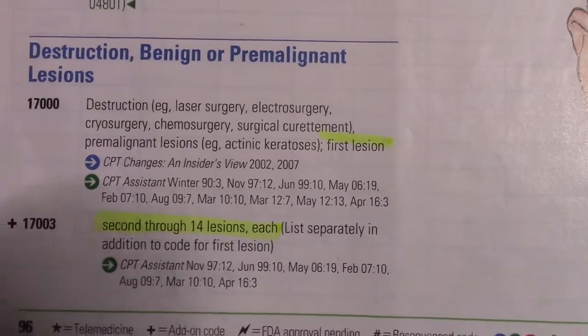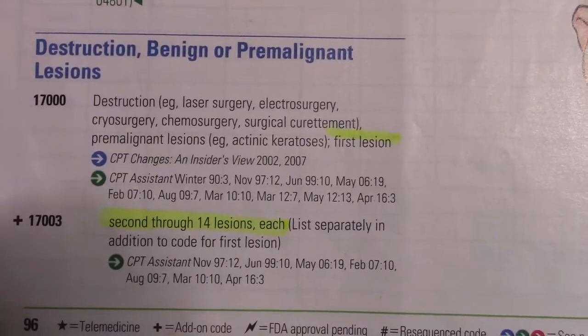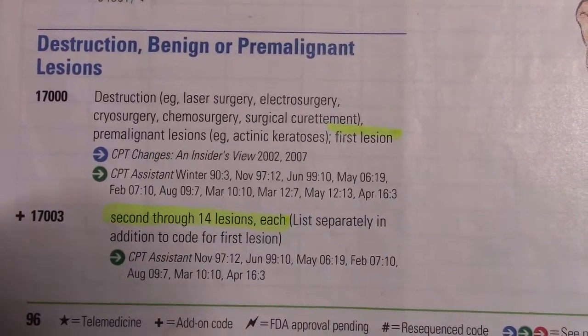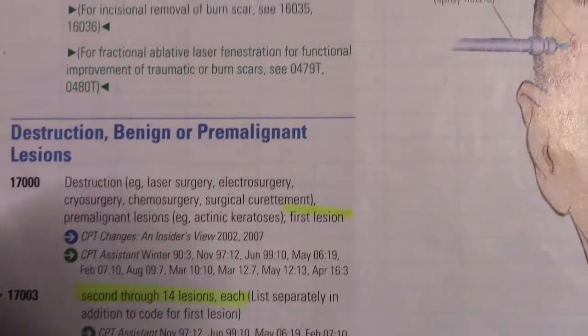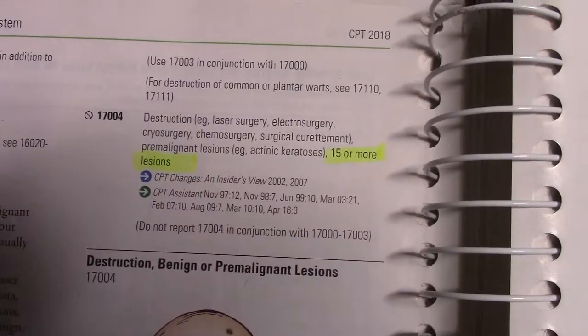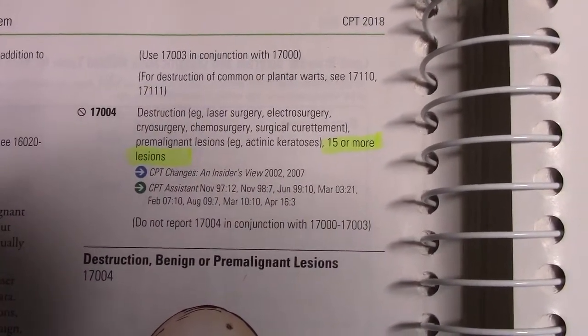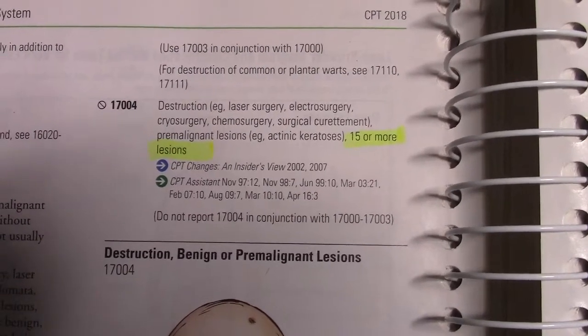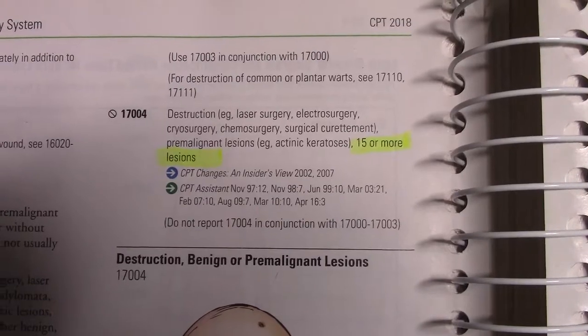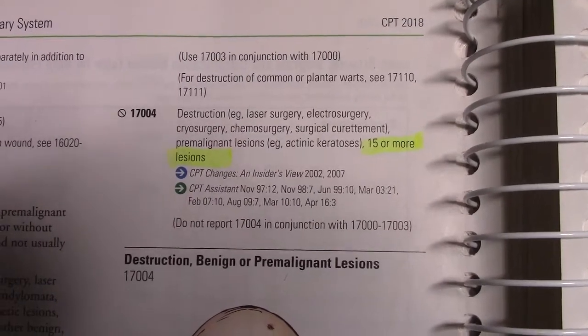That's an example of an MUE based on the number. Okay? We'll talk a little more about MUEs in my next video, but I wanted to give you an example to refer to when it comes to medically unlikely edits. Again, go to the CMS website, put MUEs in the search box, and let's study together.